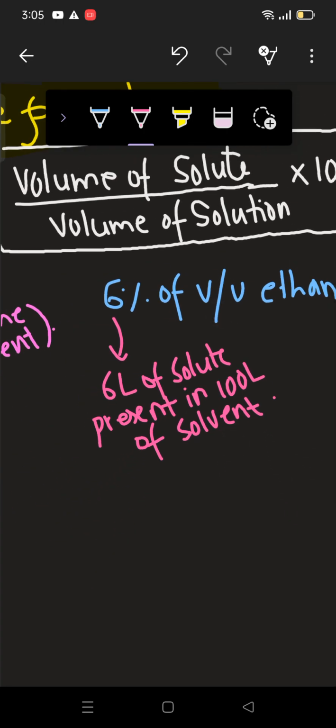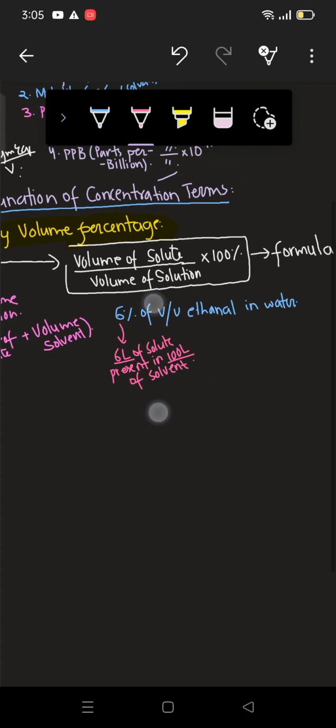Now you need to take the volume of solution yourself by adding the volume of solute to the volume of solvent. So 106 would be the volume of solution. 6% volume by volume ethanol in water represents 6 liters of solute present in 100 liters of solvent.